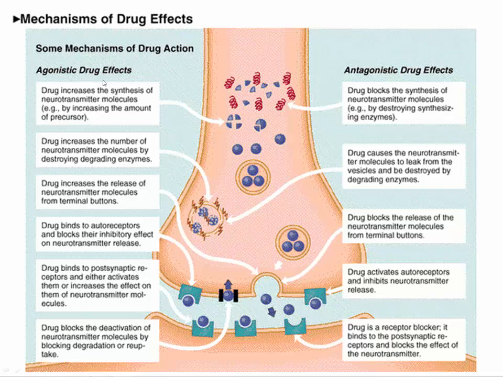Any agonistic drug effect. Here's one process. The drug increases the synthesis of the neurotransmitter. So here, any drug that simply increases the amount of the precursor of the neurotransmitter. Now, most neurotransmitters, because they don't come into being immediately, are produced by a sort of chemical manufacturing facility back here.